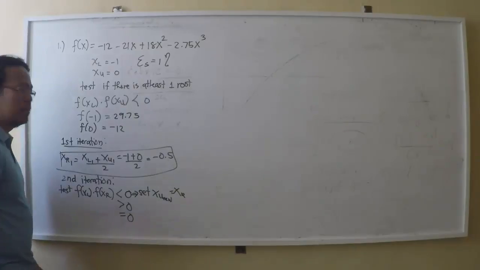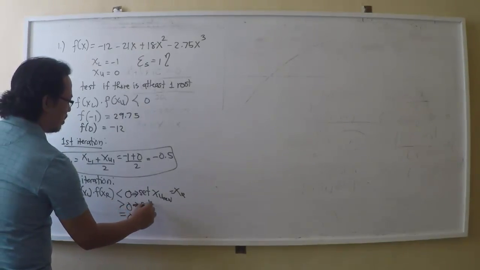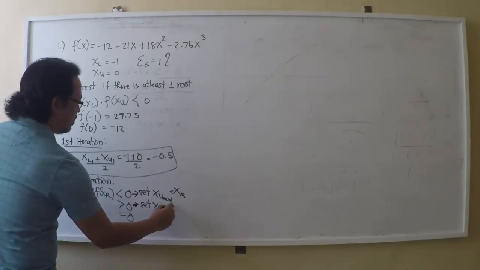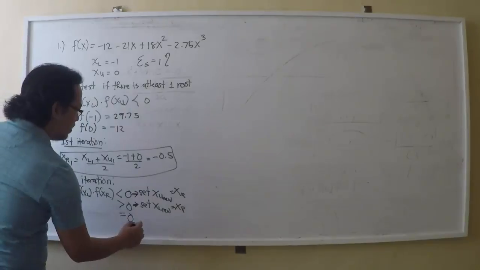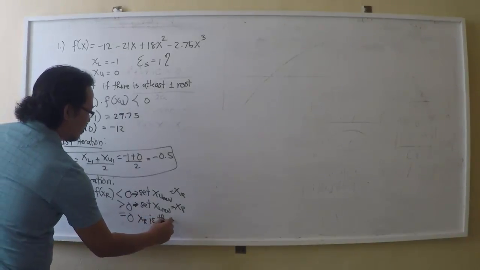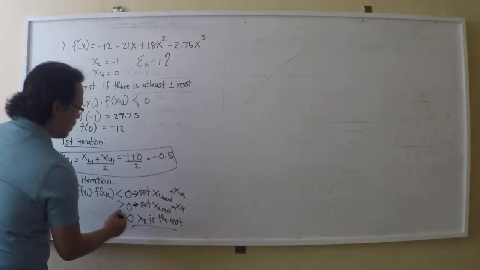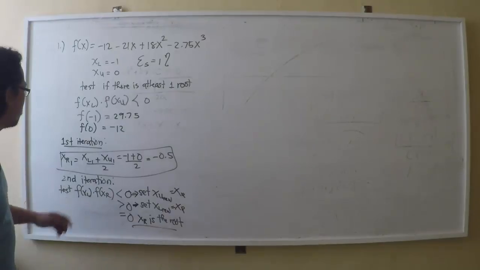If it is greater than 0, then we set the new lower boundary equal to the root. And if it is equal to 0, fortunately, xr is the root. Now, let's try to test this one first.